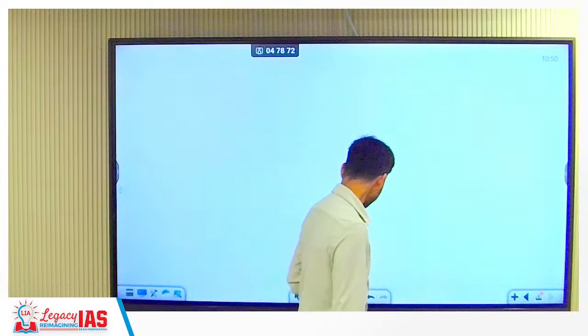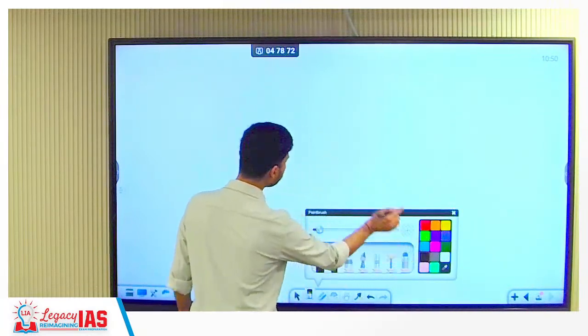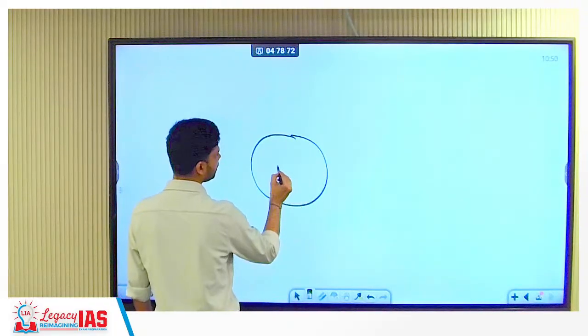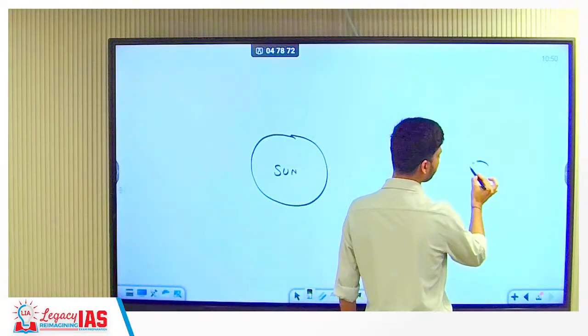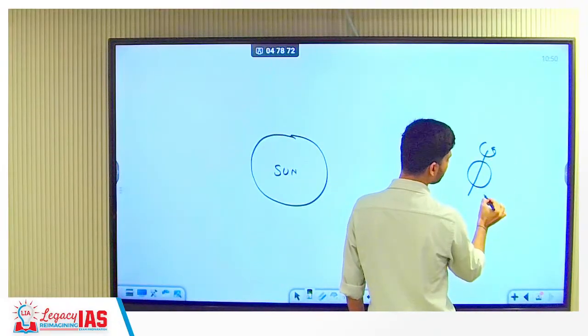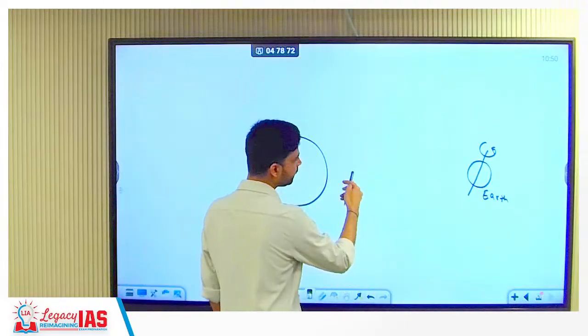Now, you consider all the 3 together. So we have the sun here and somewhere here, let us suppose you have the earth. So Earth is orbiting around the sun. And where is Moon?